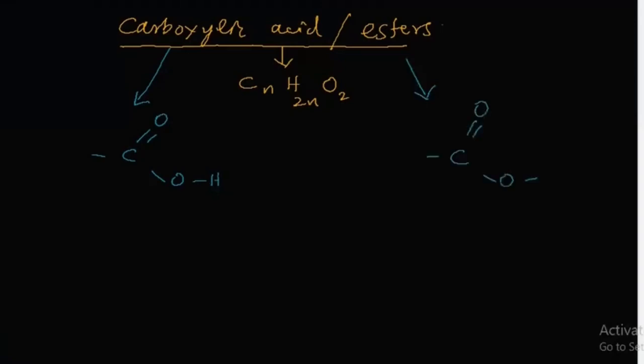So in ester, the carbon is extended on either side, on the right hand side as well as on the left hand side. But in the carboxylic acid, you can extend the carbon only on the left hand side, because you cannot attach more carbon with this hydrogen.